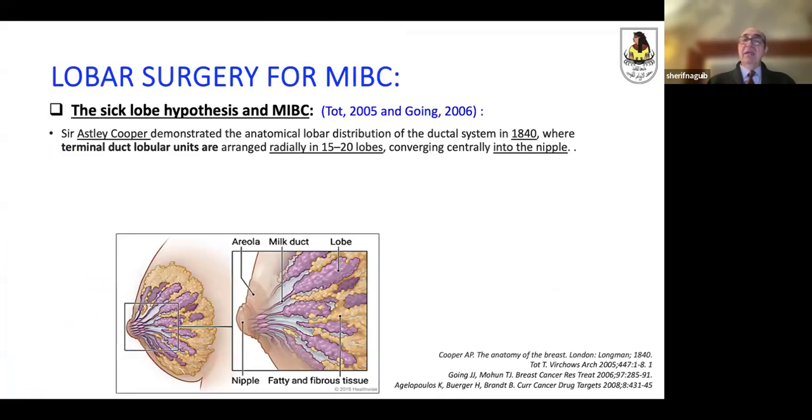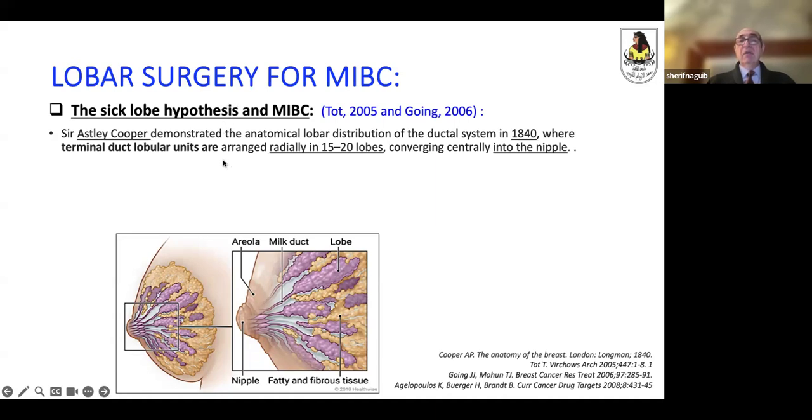A very interesting aspect of breast cancer surgery that is very closely related to the topic that we are discussing today is lobar surgery. Lobar surgery started by the sick lobe hypothesis.